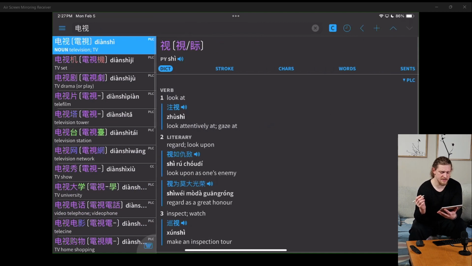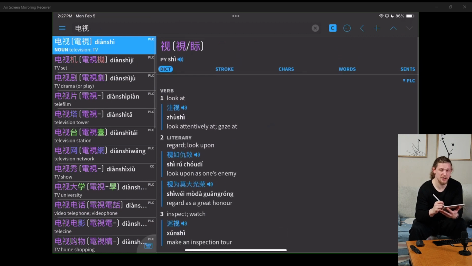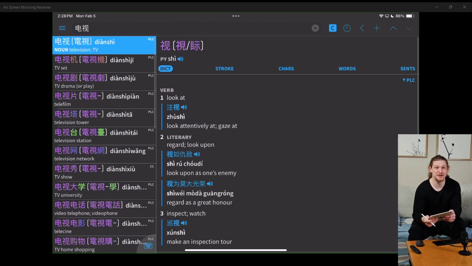So this character 视 means to look at or to gaze at. It's a verb. So it is the verb for looking at something. Now there's a couple of different verbs for this. If you say I want to look at that, you won't say 视.